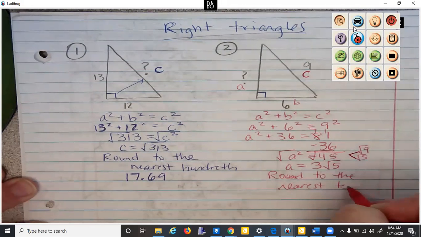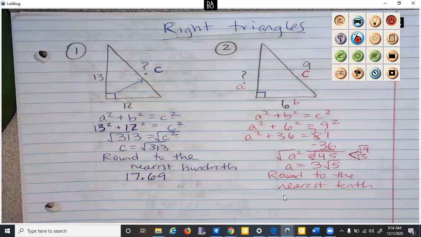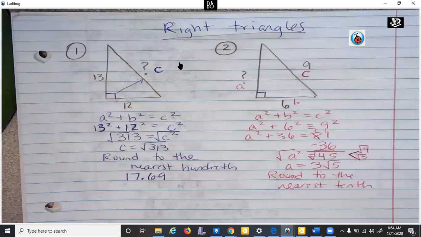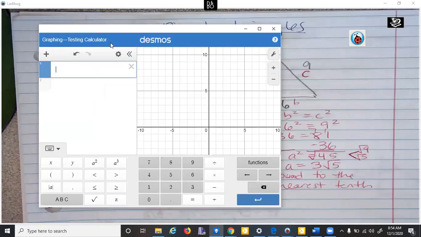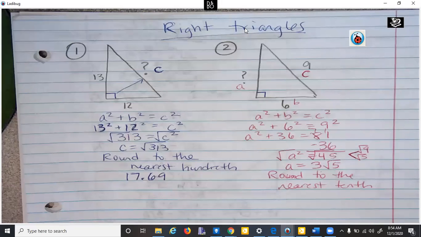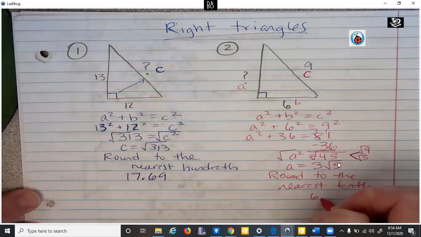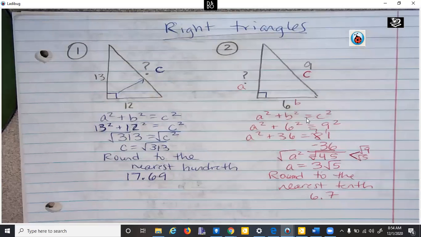How many decimal places is tenth? 1 decimal place. So 3 square root 5 would be 6.7. All right, any questions about the Pythagorean theorem?